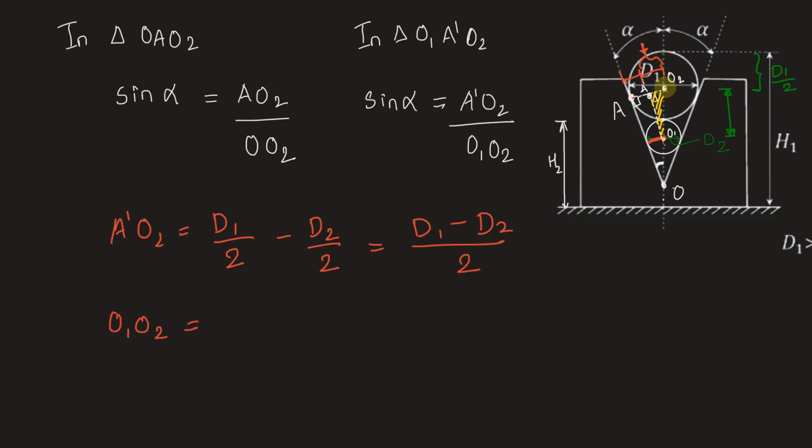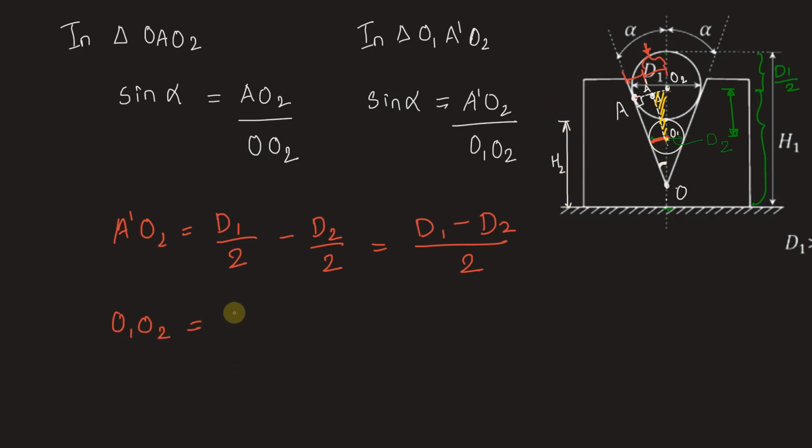This distance from here to here is D1 by 2. If we subtract this much, we will have this total distance, and then we will have to subtract the distance of base from O1, which will be nothing but H2 minus D2 by 2. So we have O1 O2 as H1 minus D1 by 2.